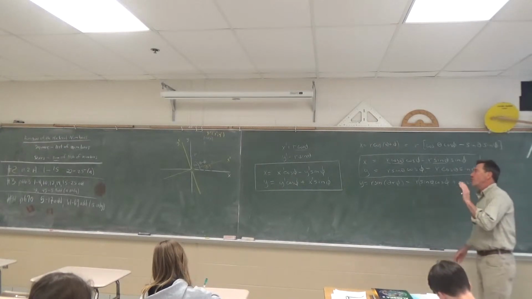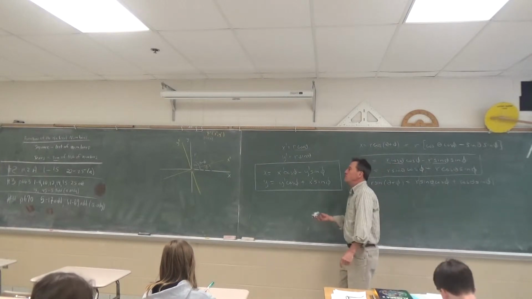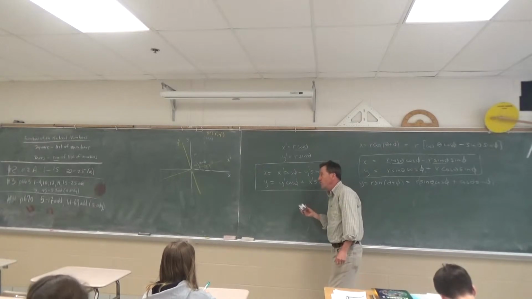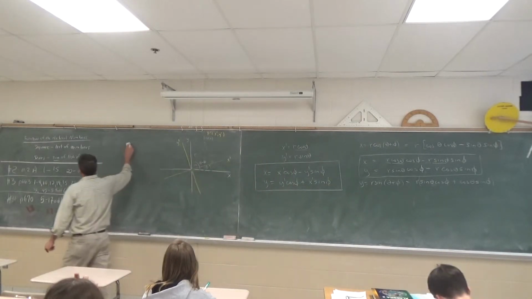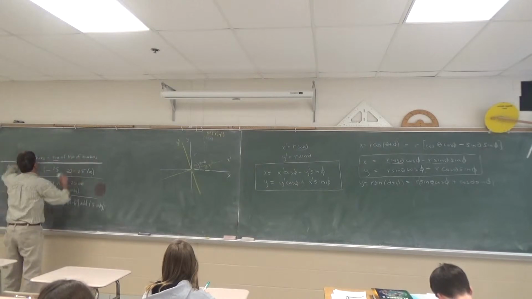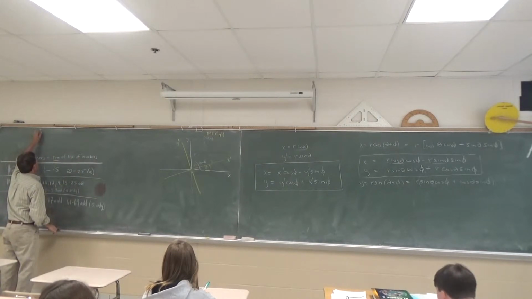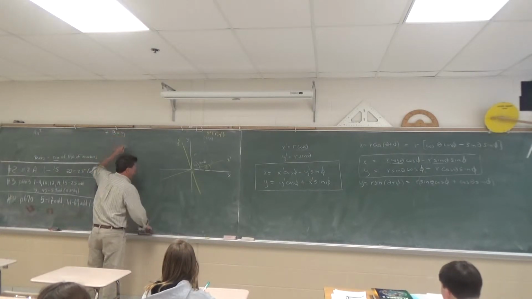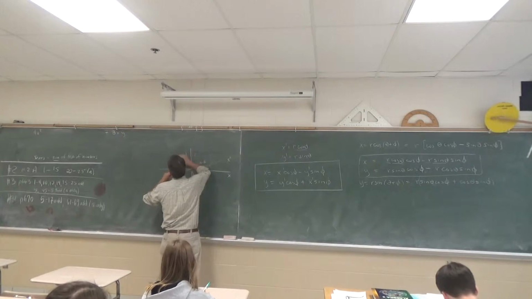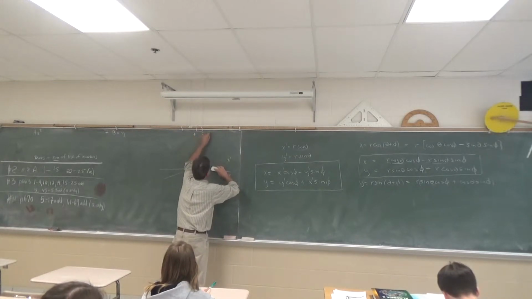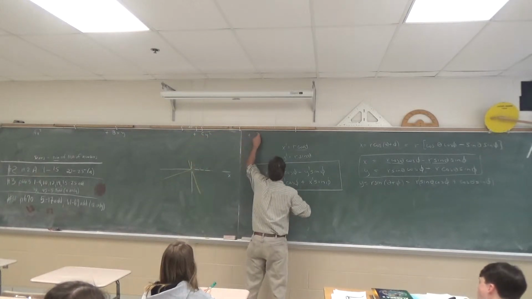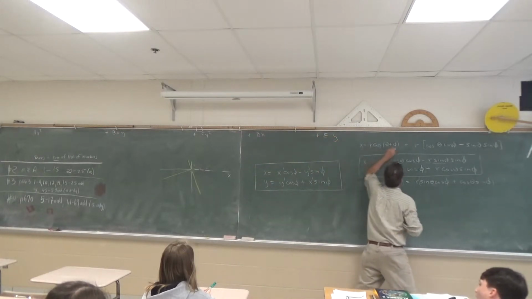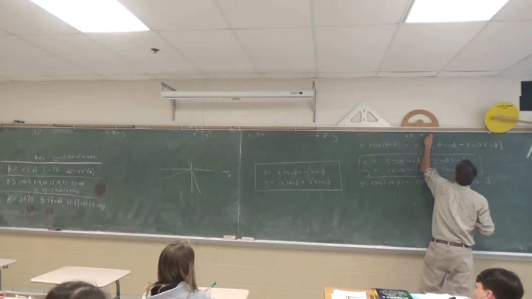Now, here's the theory. I'm going to use these to substitute into ax squared plus bxy plus cy squared plus dx plus ey plus f equals 0.